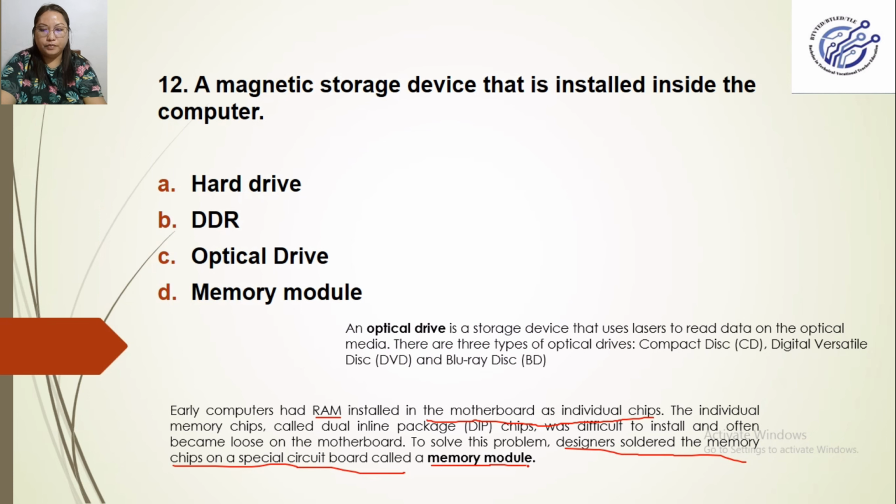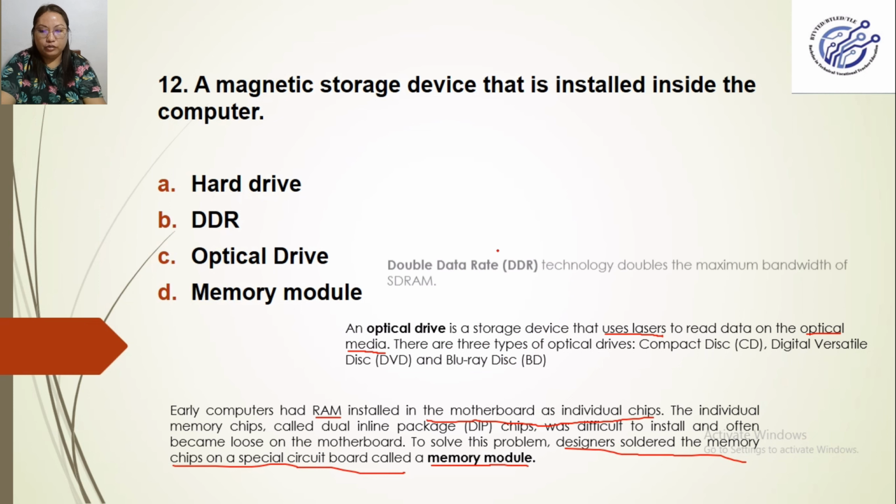Then we have the optical drive. It is a storage device that uses lasers. So itong si optical drive natin ay gumagamit siya ng lasers to read data on the optical media. So madali lang po natin tandaan itong ating optical drive kasi ginagamitan daw po ito ng laser para mabasa natin yung data natin sa ating optical media.